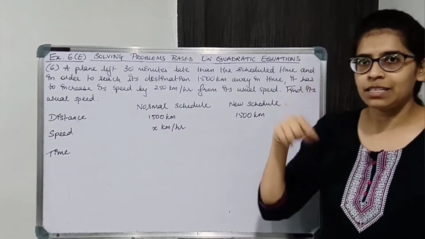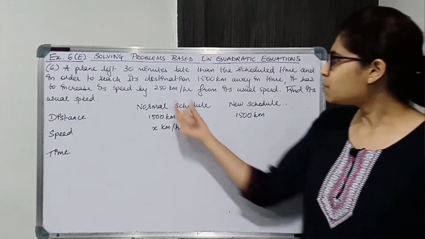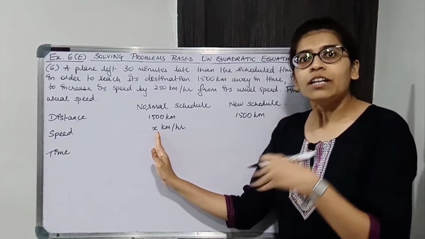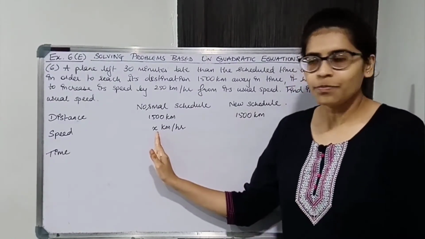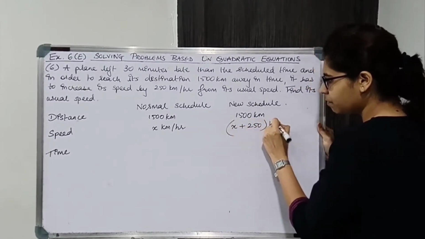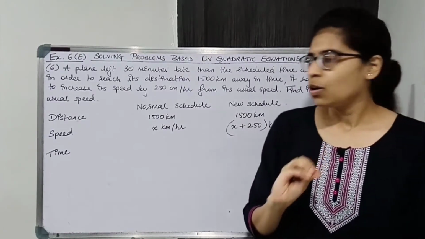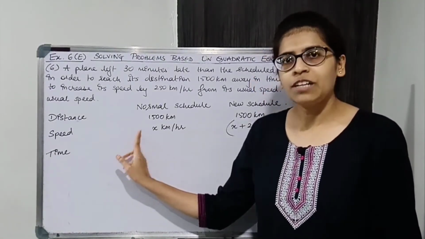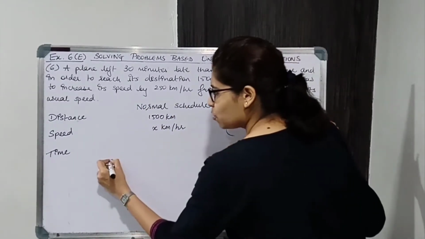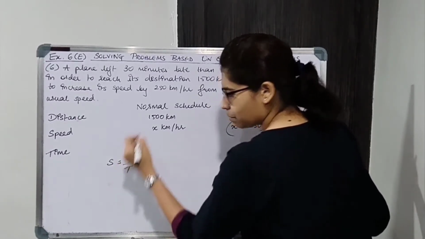Now since the plane is late, it has to increase the speed. So it is going to increase the speed by 250 km per hour, 250 more than the normal speed. So it will be x + 250. Now we know distance, we know speed, we can easily find the time. We know speed equals distance upon time.